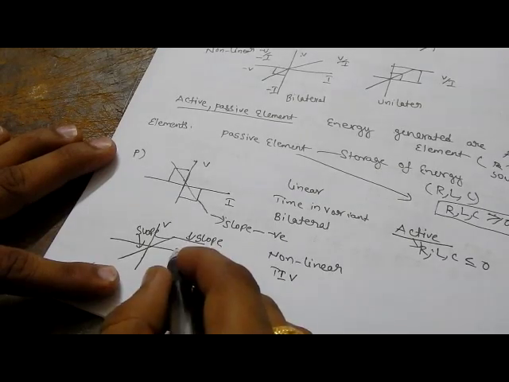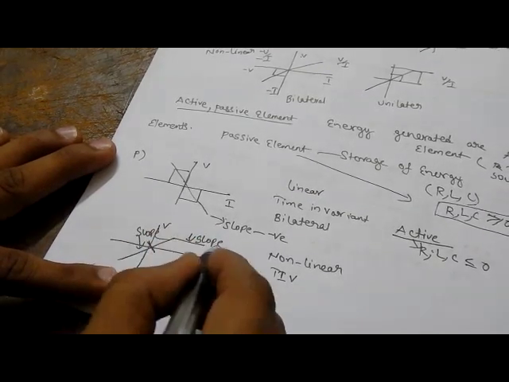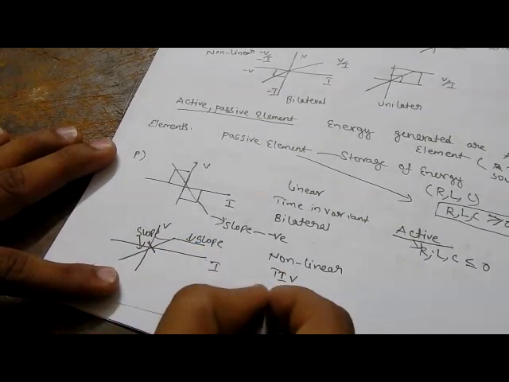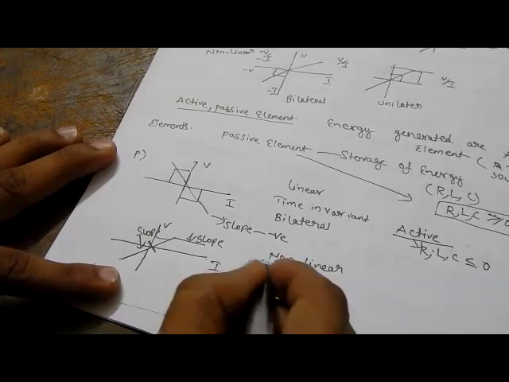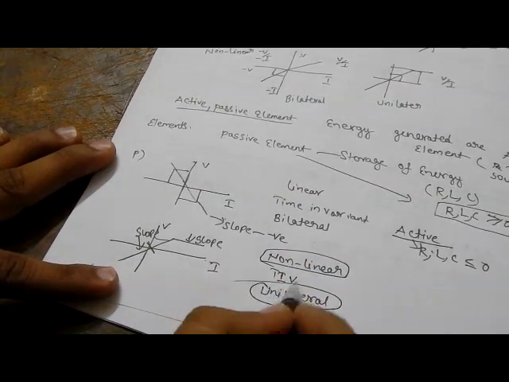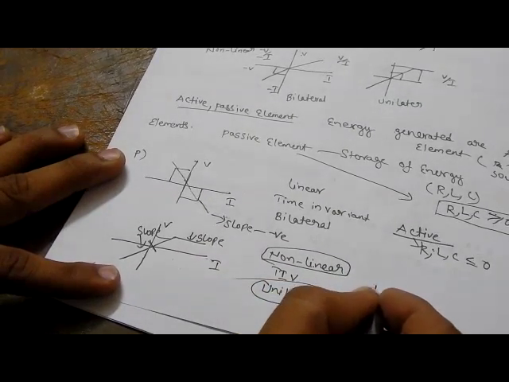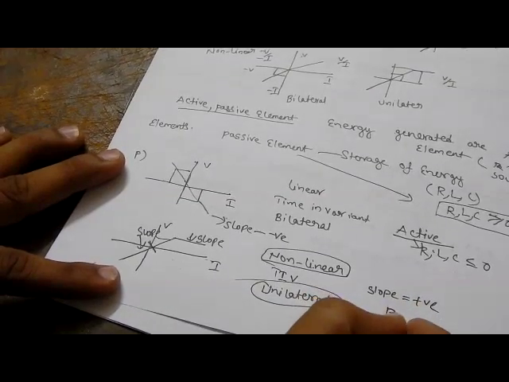Is it bilateral or unilateral? See here, from I to V, here it is normal, here it is changed. So that is unilateral. I am saying that every unilateral element will be non-linear. Passive or active? The slope is positive, so it is passive.